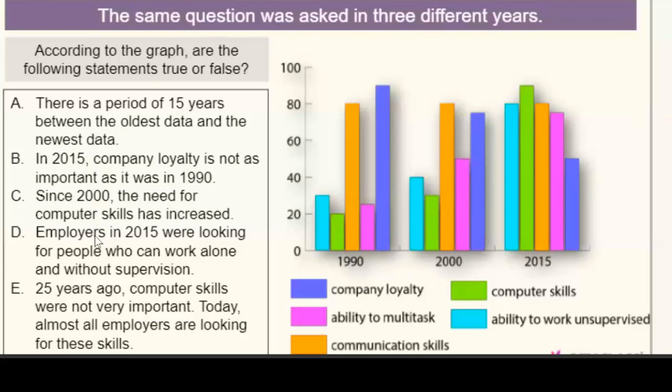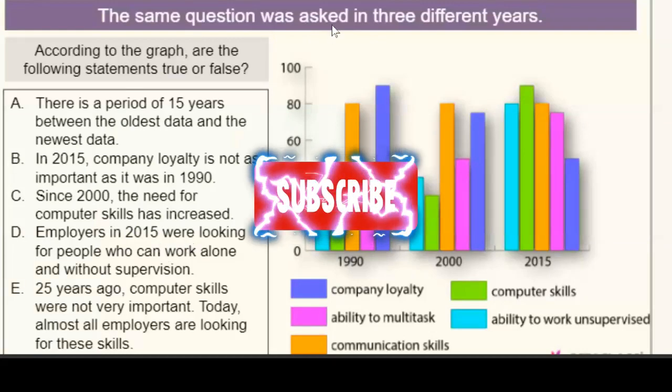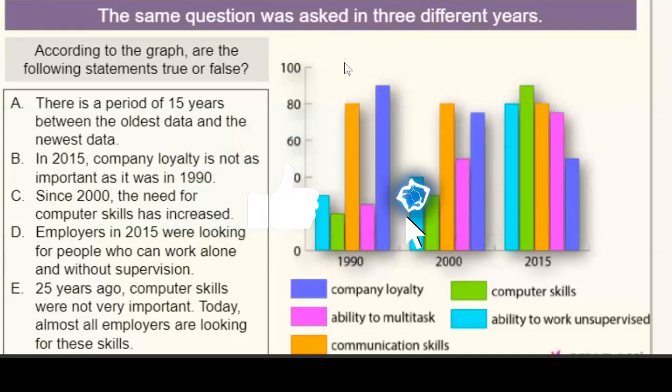The next one: employers in 2015 were looking for people who can work alone and without supervision. So ability to work unsupervised is this one, the teal, bluish one.